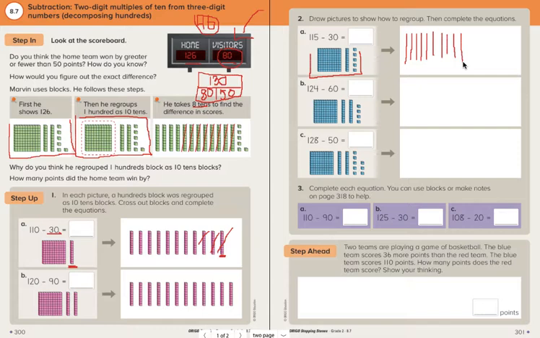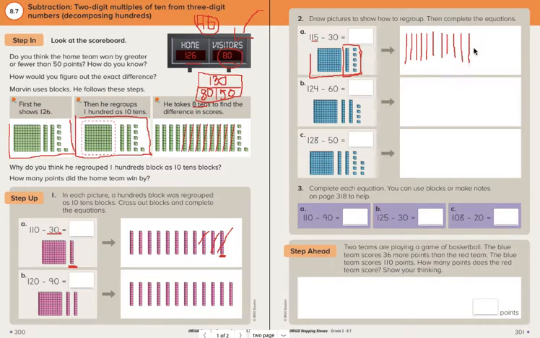Okay, am I ready to take away my 30? Here I go. No, I can't take away my 30 yet. Pause the video and try and figure out what I'm missing. What am I forgetting before I can start to take away my 30? I'm forgetting the tens and ones blocks that were already there, the 15.